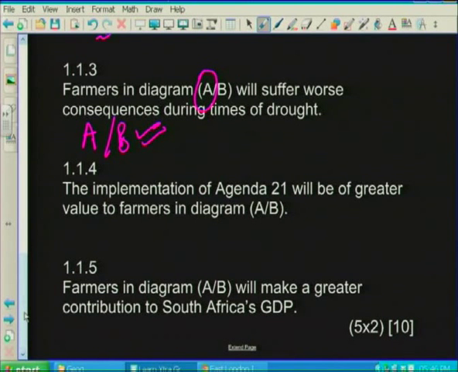1.1.4, the implementation of Agenda 21 will be of greater value to farmers in diagram A or diagram B. Now, if you haven't done your reading or your studying, you won't know what Agenda 21 is, and you're going to lose 2 marks here. So hopefully you've studied and you've done the reading I suggested.